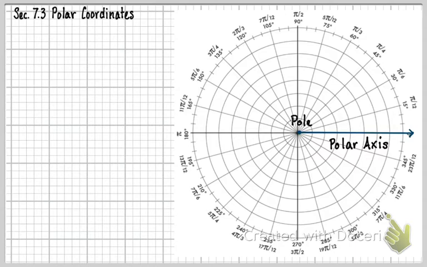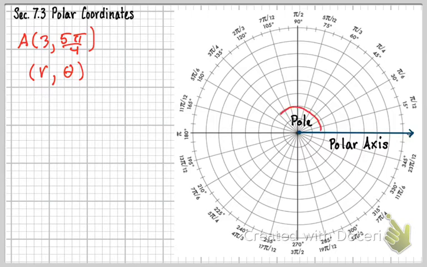coordinates. So now let's say, for instance, I gave you the point 3, 5 pi fourths. This is my r, and this is my theta. So I'd go around to 5 pi fourths.